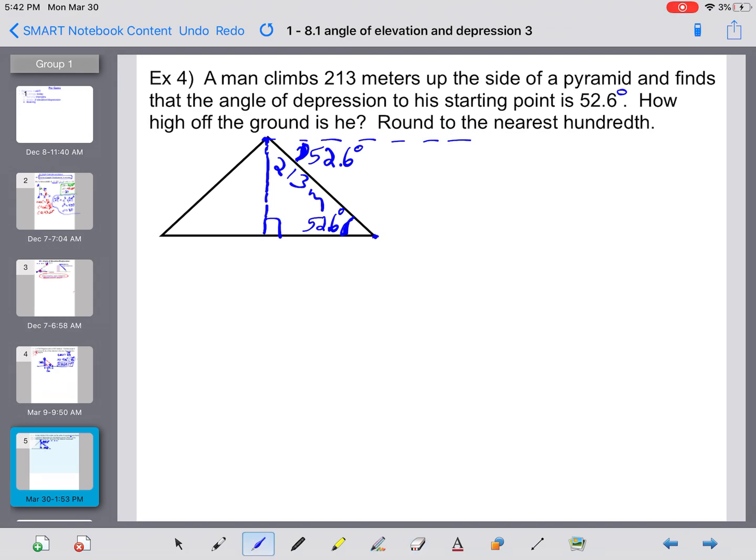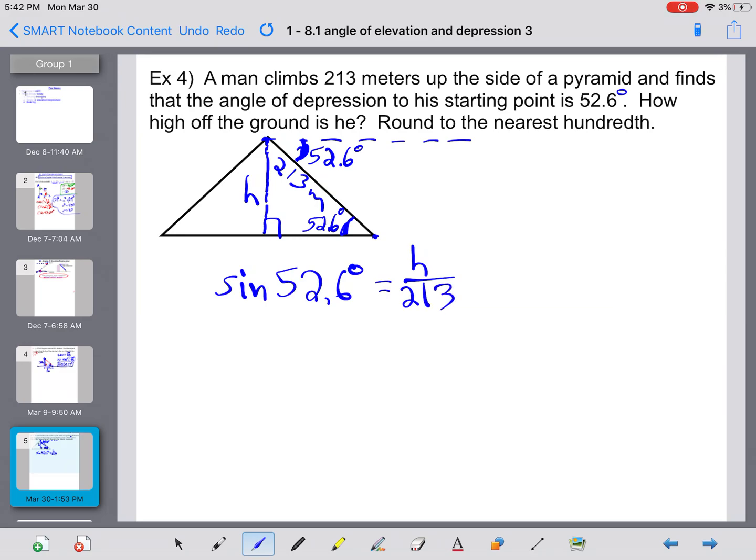We're trying to find his height off the ground, and look at the little triangle I'm using here. Again, I'm using sine, cosine, or tangent because I'm looking for h. That's the opposite side, and I have the hypotenuse, so I'm going to use sine of 52.6 degrees equals my height, h, over my hypotenuse, which is 213.